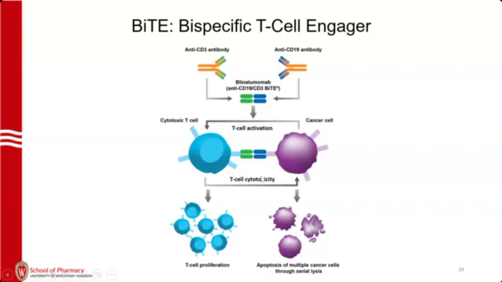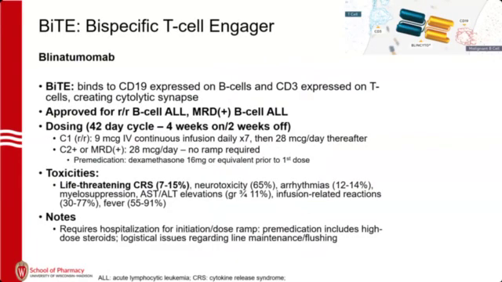What they found when you put these combinations together is you basically bring together your T cells, which were floating around and not doing a lot against your malignancy, in combination with your malignant cell, put them within close proximity, and hopefully lead to T cell activation, T cell cytotoxicity against that malignant cell, and then the cytolytic synapses and hopefully apoptosis of those malignant cells. So you're forcing your T cells to get activated against that malignancy where they weren't typically being activated against it. So again, the poster child here is blinatumomab.